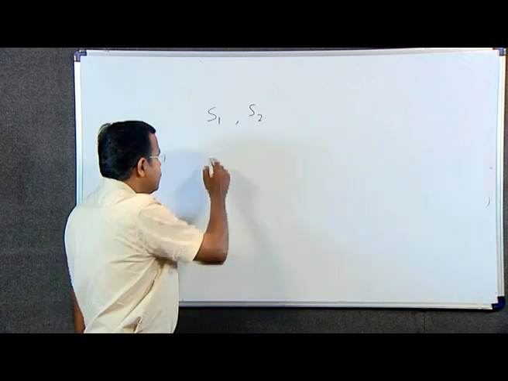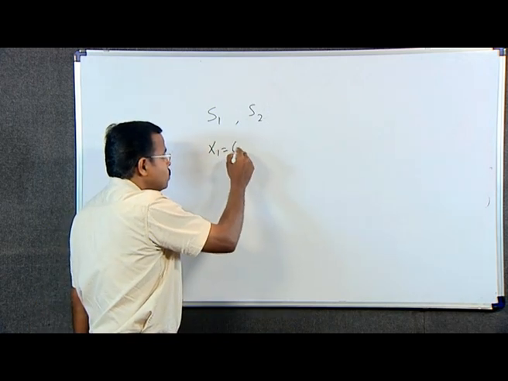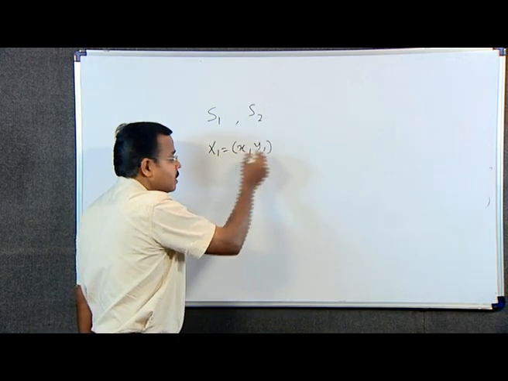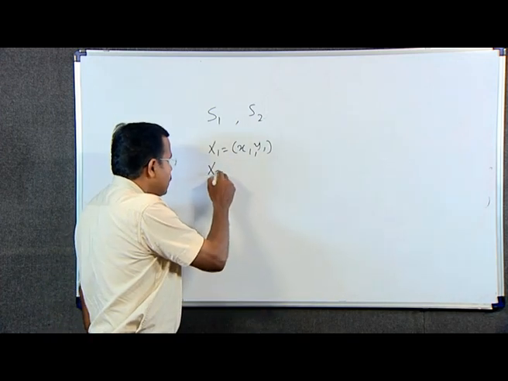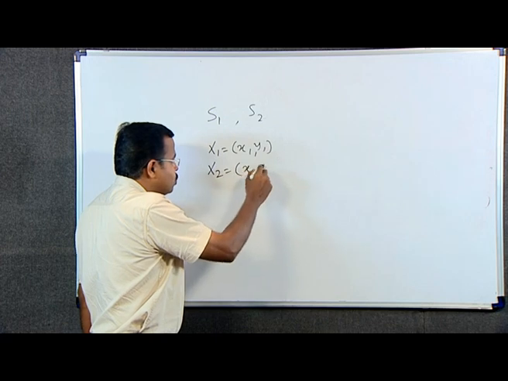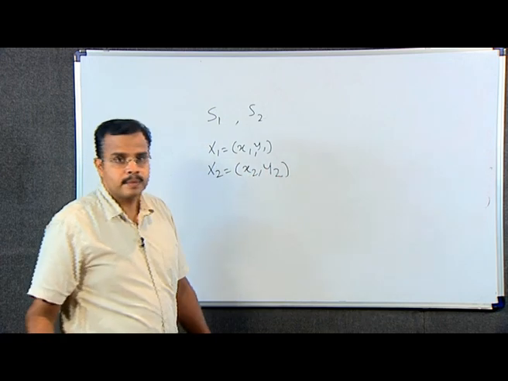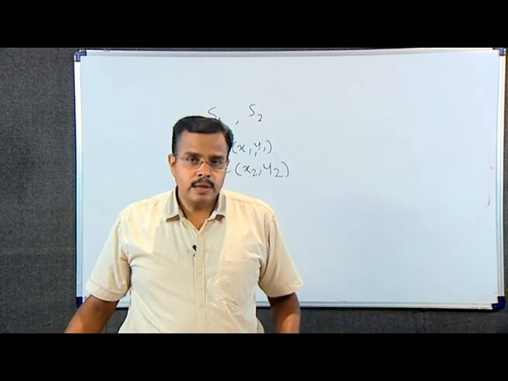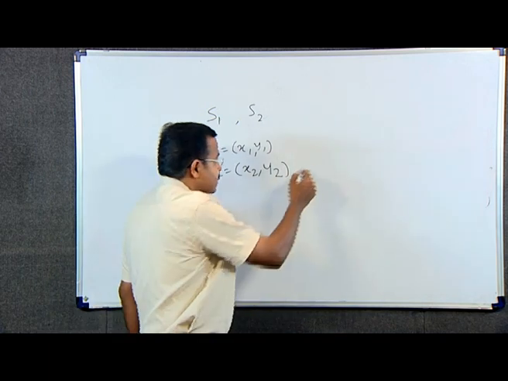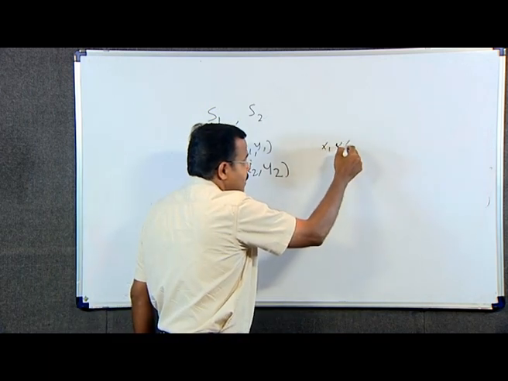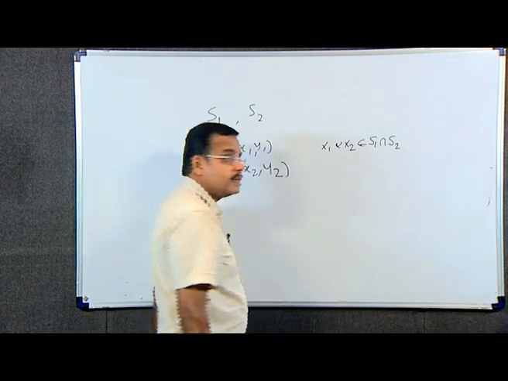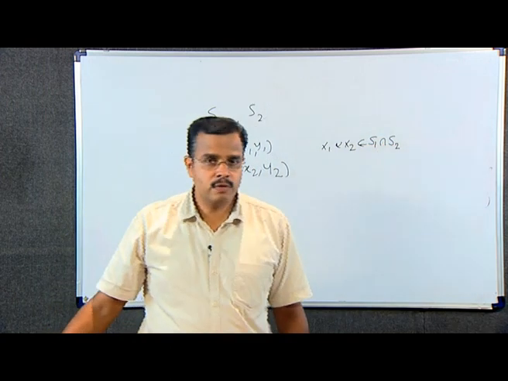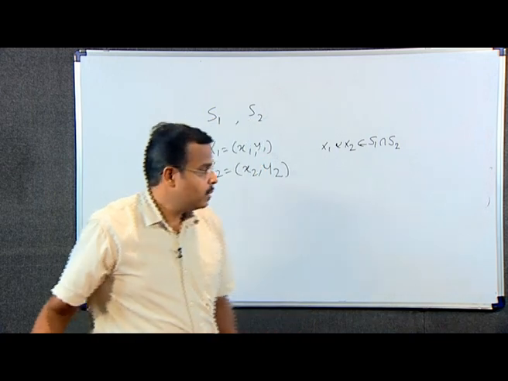Assume x1 equal to the ordered pair x1 y1 and x2 equal to the ordered pair x2 y2 are two points. They belong to S1 intersection S2, that is the intersection of the two considered convex sets S1 and S2.